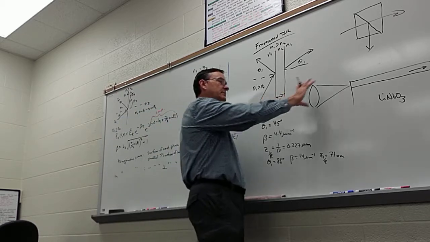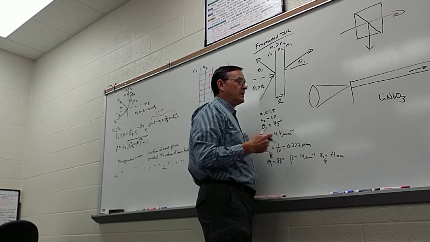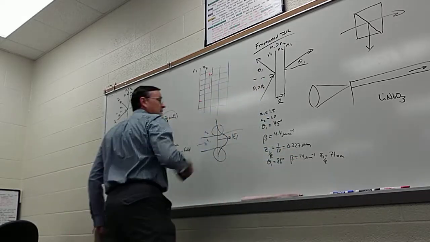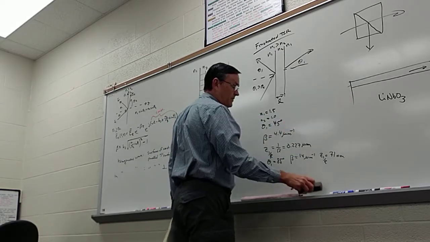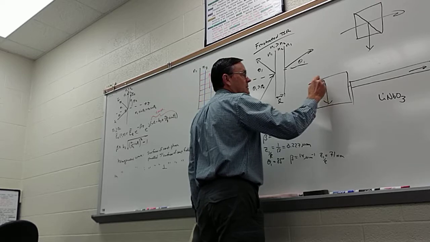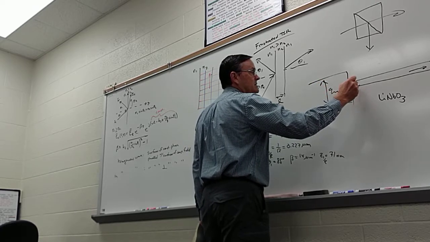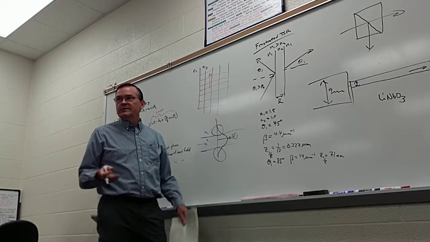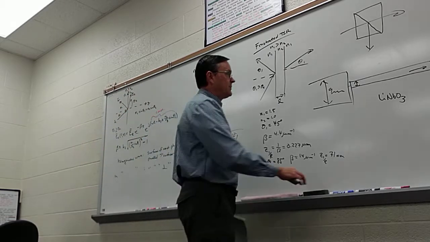You could bring a fiber up to it, but with the fiber you've got a terrible mode mismatch. If you're using single mode fiber, the core is 9 microns, and this is maybe a micron and a half, 2 microns, 3 microns. So you have really poor coupling efficiency.